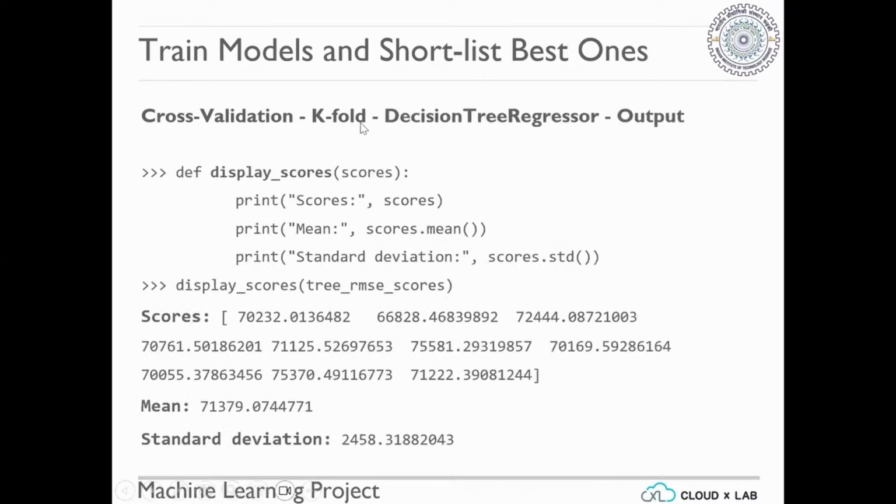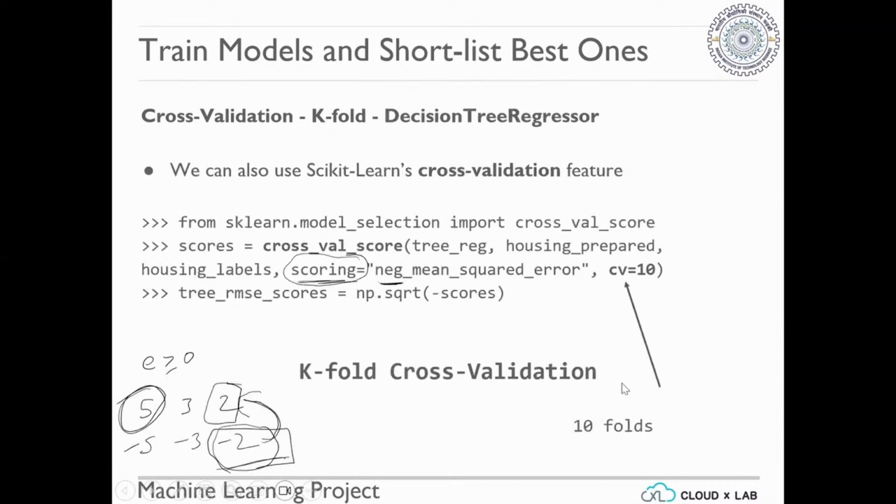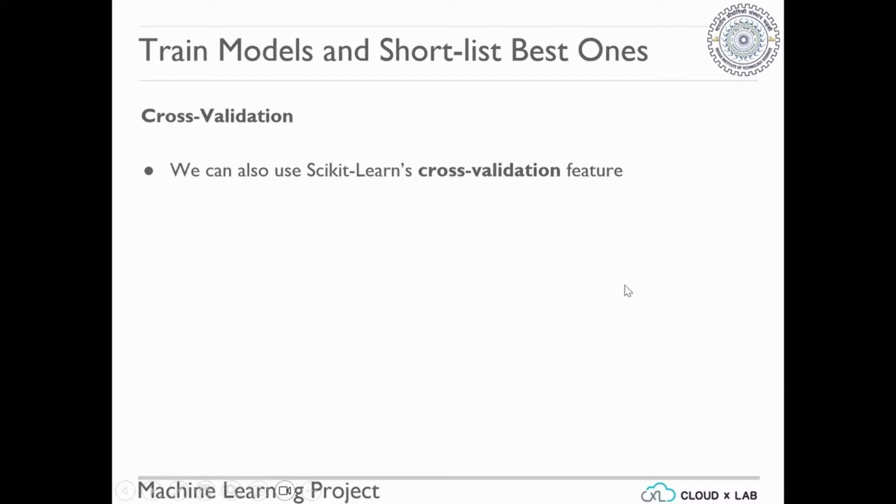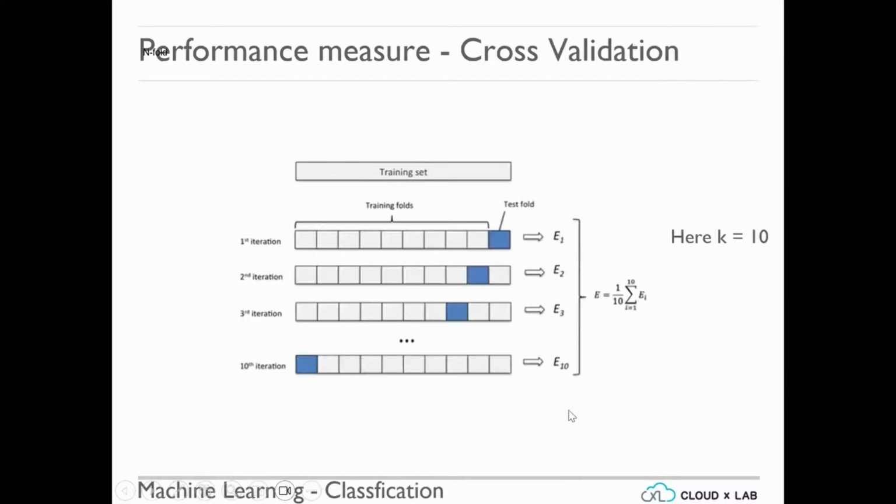Now if you want to print the score, you can print the mean of the score and the standard deviation of the score. Since we are using cross validation equal to 10, it will train 10 models. So what numbers can you calculate using these 10 errors? You can calculate the mean and the standard deviation. Here I am calculating the average error, which is nothing but the mean error.